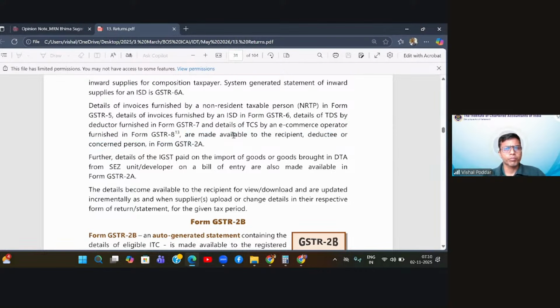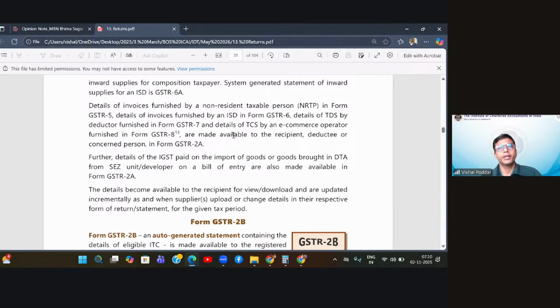Sir, I mean to say that the TDS or the TCS which the deductor collects is visible to the supplier in the electronic cash ledger, where he can claim the TDS or TCS credit and pay his outward tax liability through it.